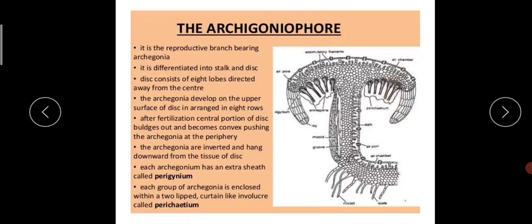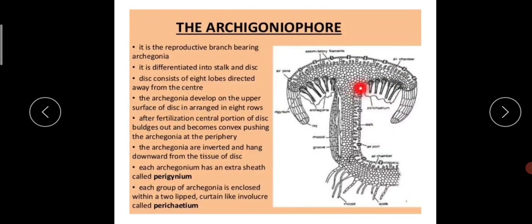With this inversion, the arrangement of archegonia is reversed from acropetal to basipetal succession. That is, the youngest archegonia now lie close to the central stalk, and the older ones are towards the peripheral region.